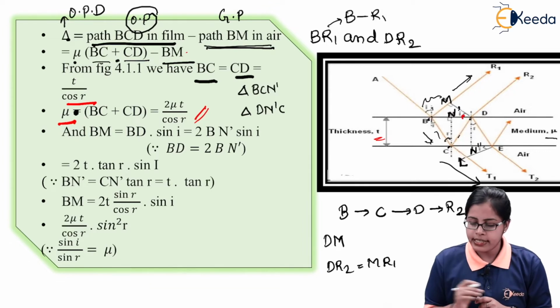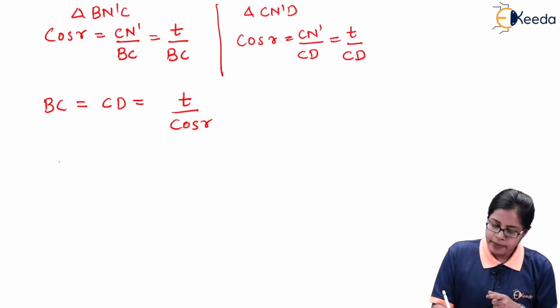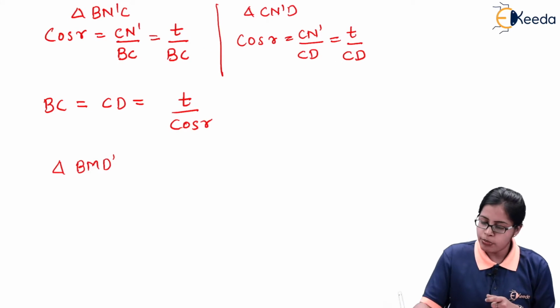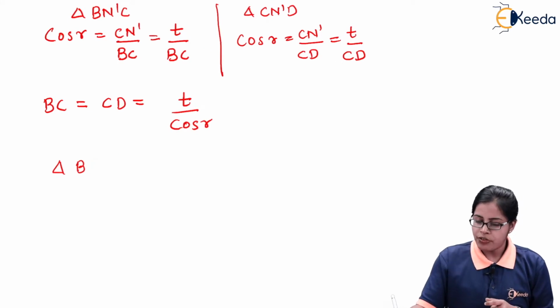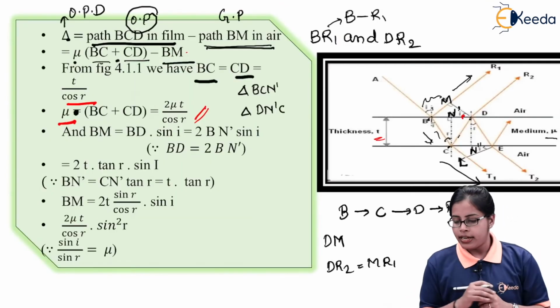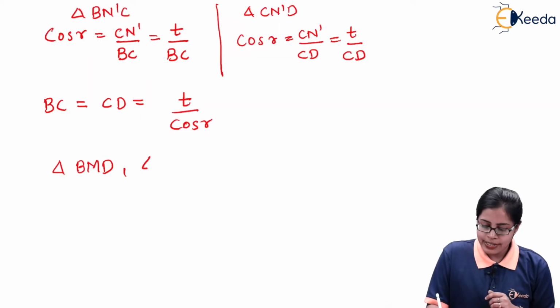Now, when I consider this as an angle I, we need to consider a triangle, which is triangle BMD', or you can consider that triangle to be BMD. In triangle BMD, angle D is your angle of incidence.